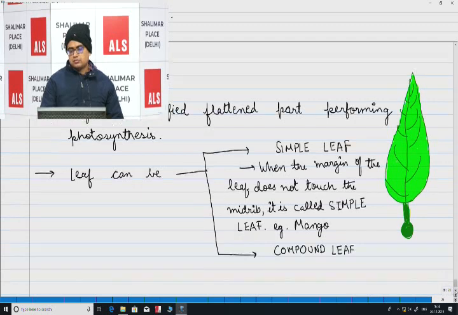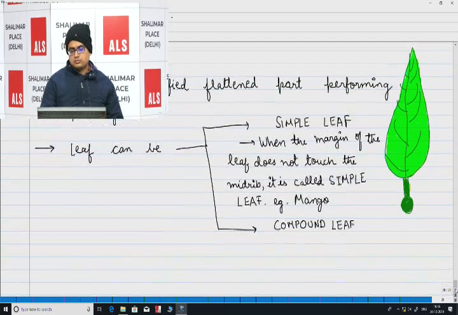Compound leaf. What is the example? Compound leaf has many examples.